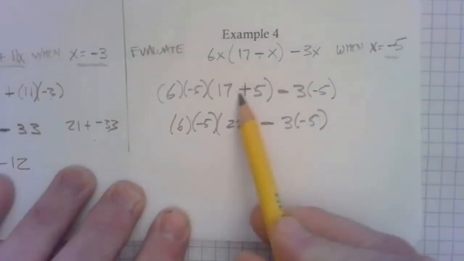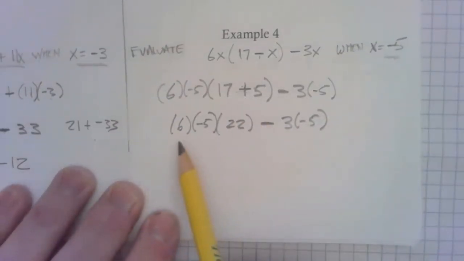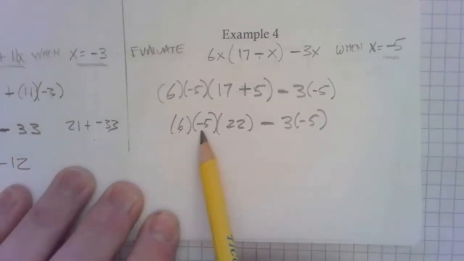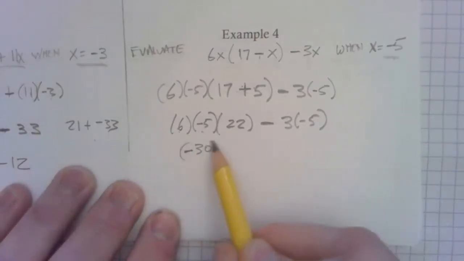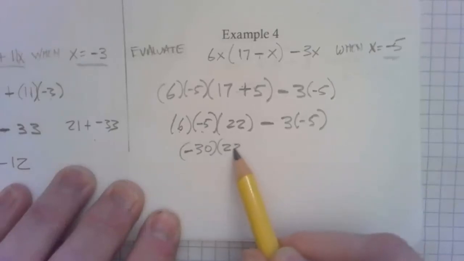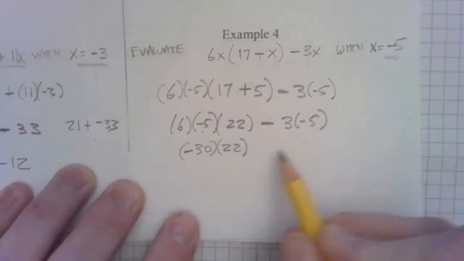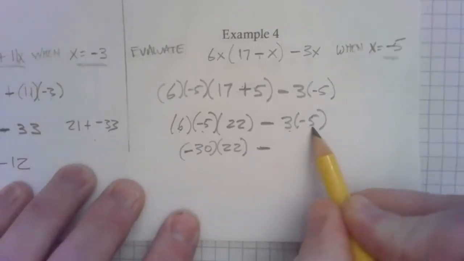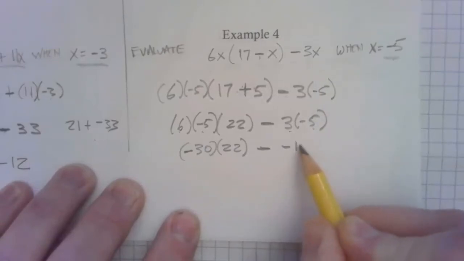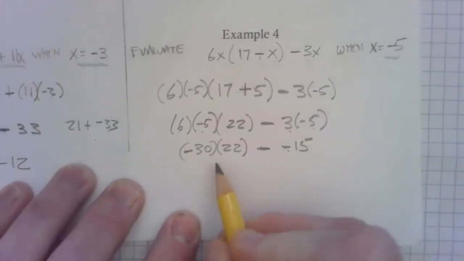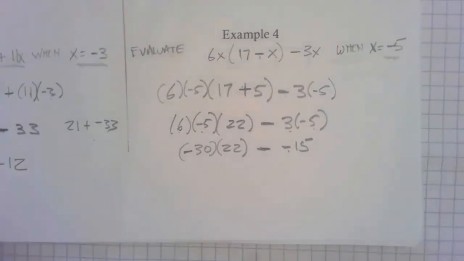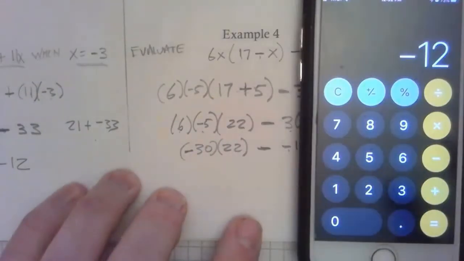All right, so I took care of these parentheses. Now we'll do these multiplications. 6 times negative 5 is negative 30 times 22. Minus 3 times negative 5 is negative 15. So we have one of those minus a negative situations again. Meanwhile, we'll do 30 times 22, or negative 30 times 22.